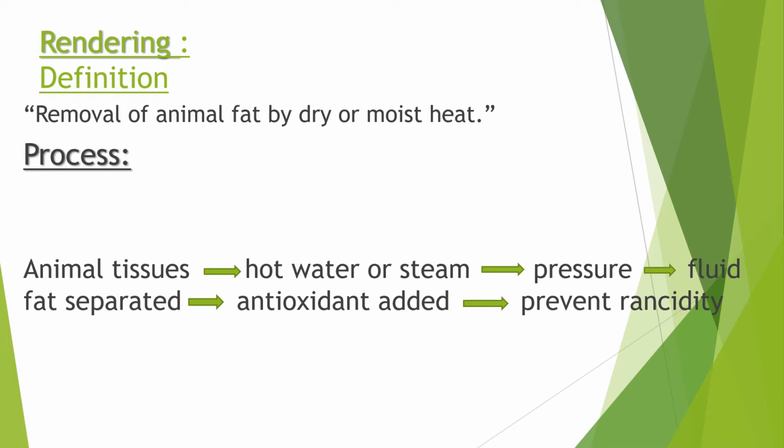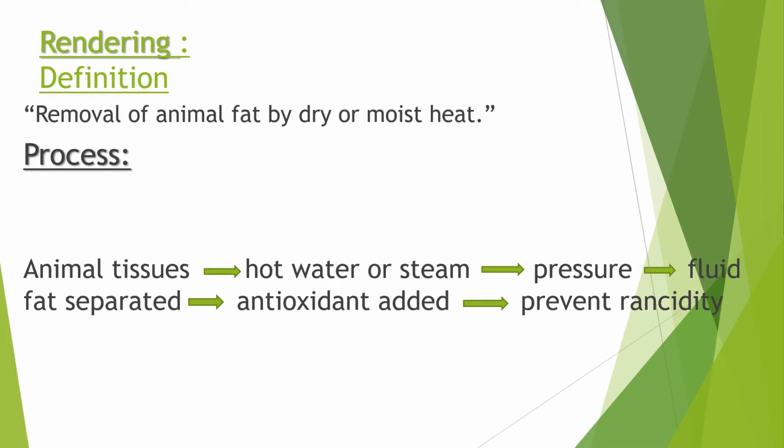Right? So, for wet rendering, the approach is a little different. In this process, tissues are subjected to either very hot water or steam, and sometimes under some pressure. The hot fluids, which are fats, are then separated from water, and antioxidants, which are frequently added to retard the development of rancidity.